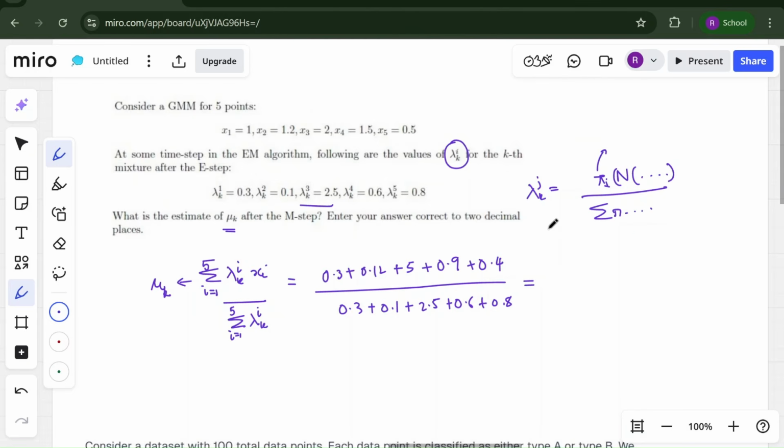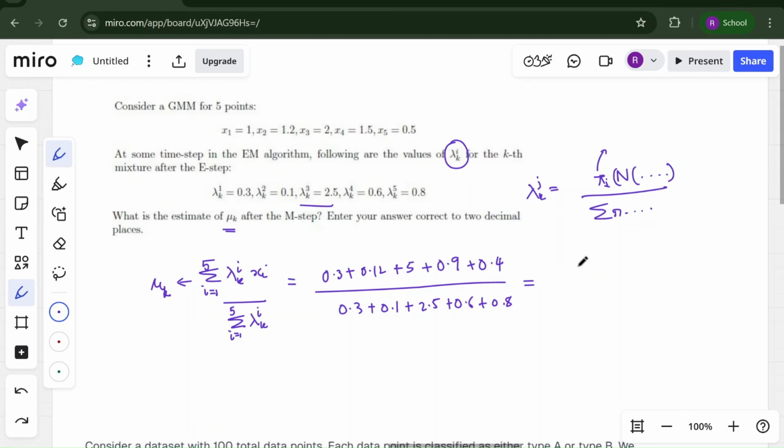Okay. What does this turn out to be though? If anyone is using a calculator or something. 5.82. Okay, above 1. Oh, I see.